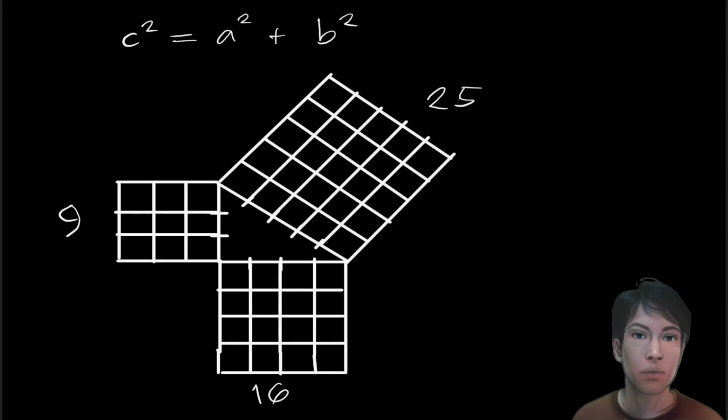So that is 5 squared. So 5 squared is equivalent to 3 squared plus 4 squared, and that is 5 squared, or 25.